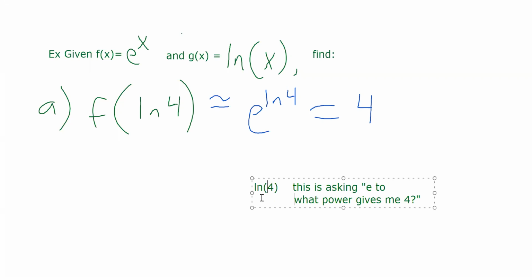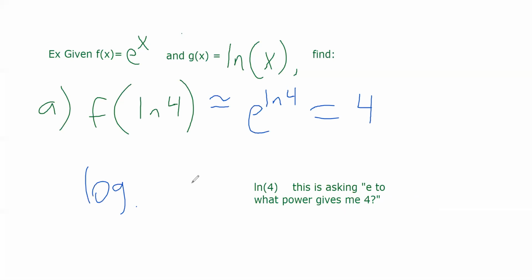Because ln is a logarithm with a base of e. So perhaps this might help you to see it. You're saying the log base e of 4, that's saying e to what power gives me a 4. So whatever ln of 4 is, that's the exponent. And then I'm doing e raised to that exponent. So of course it's going to give me a 4 here.